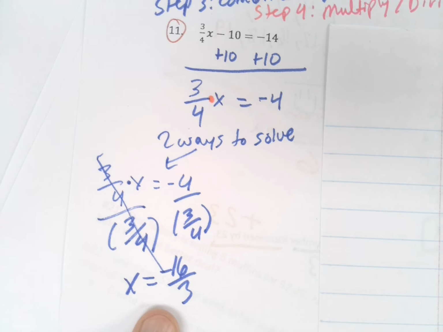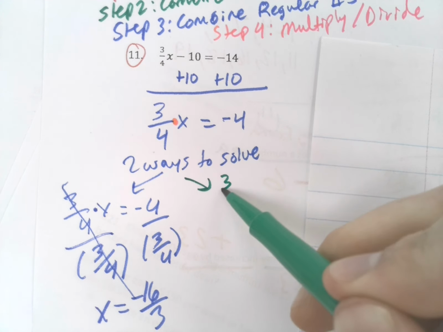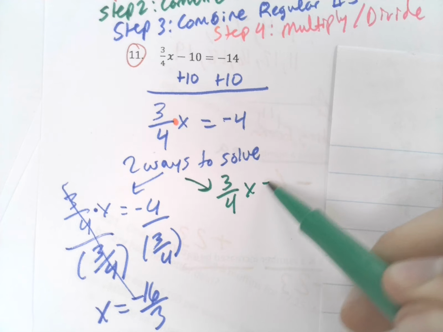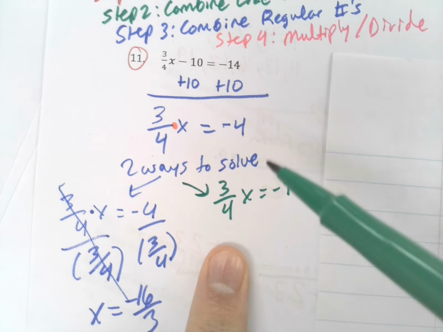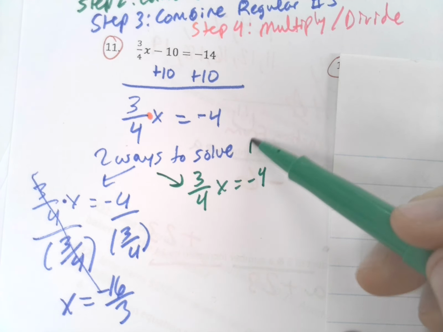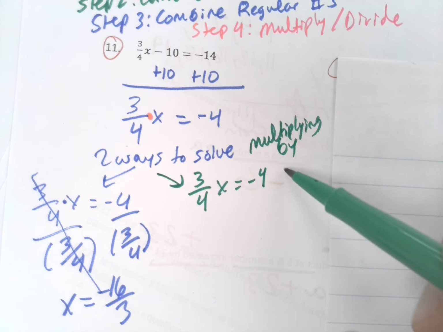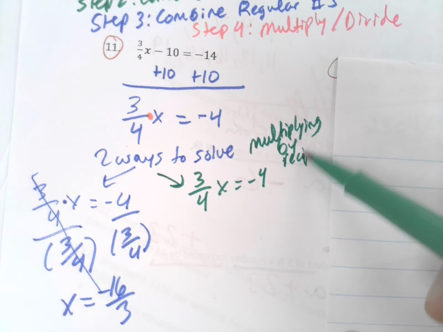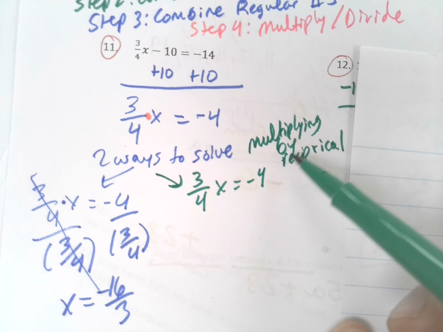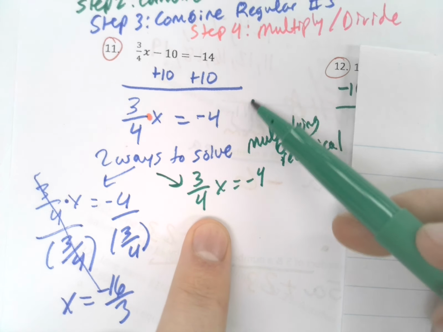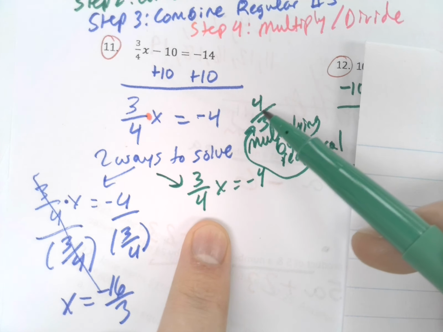The other way, and the way I would prefer, check this out, is by what's called multiplying by the reciprocal. And what that means is if that's 3 over 4, the reciprocal would be 4 over 3.